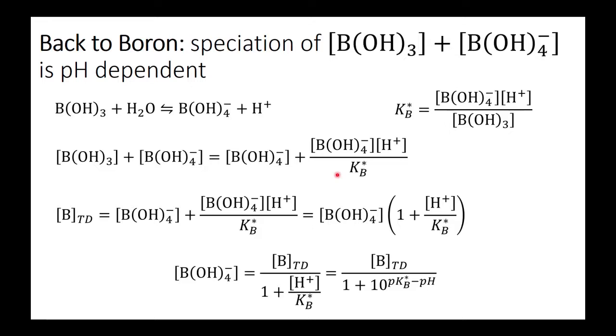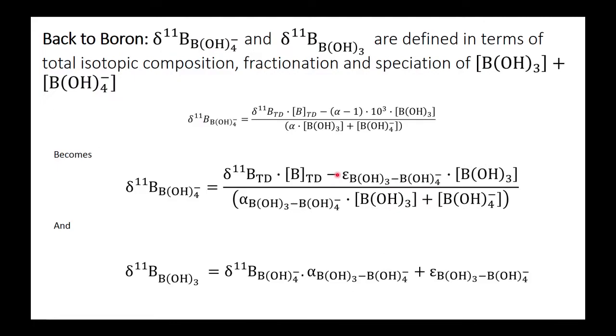So this gives us this equation, which allows us to work out the delta 11B of the borate ion as a function of the fractionation factor expressed in per mil notation, and the relative proportions of these different species. So we now need to think about how we can incorporate the pH dependency of these different species.